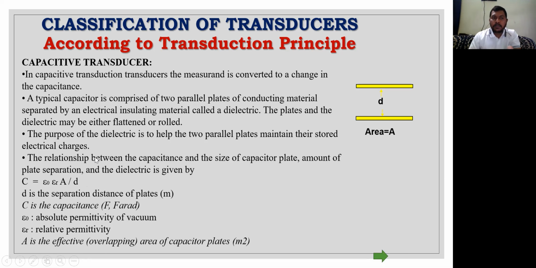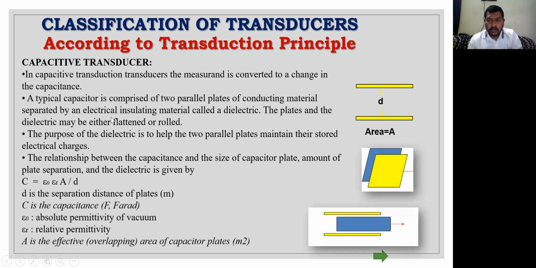The working principle of a capacitor is that the capacitance is going to vary according to the distance. Whenever I need to measure a distance, I can vary the distance between these two plates, and accordingly I will be changing the capacitance, right? So this is the basic principle of a capacitor.